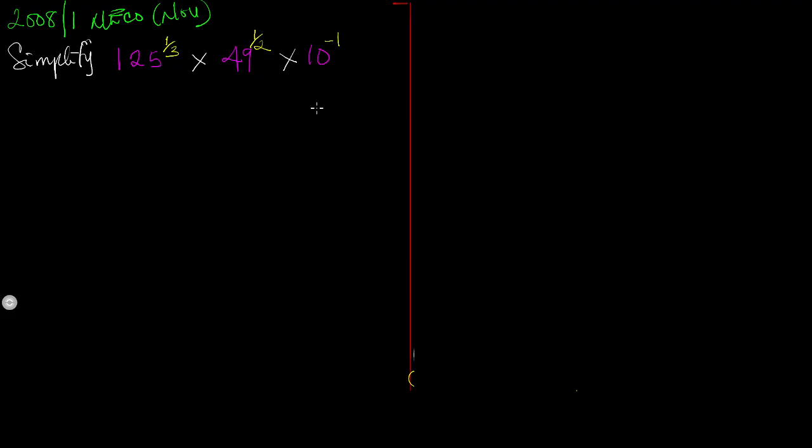Okay, so we have options. For option A, we have 1 over 35.